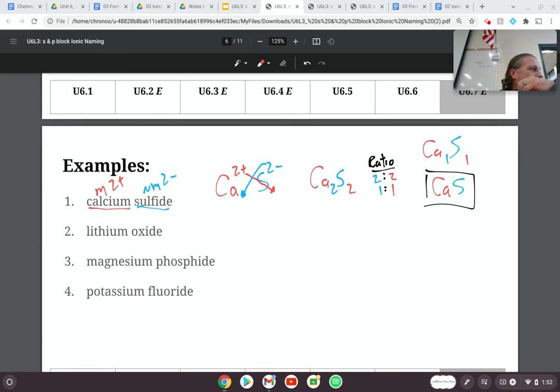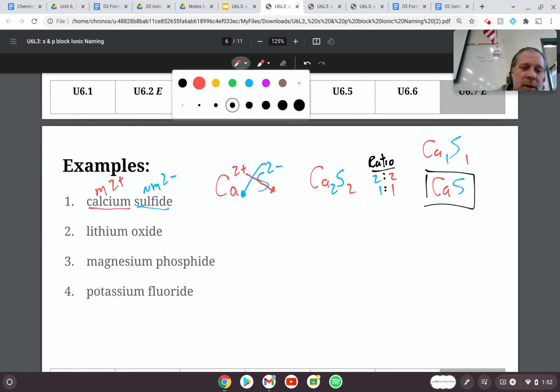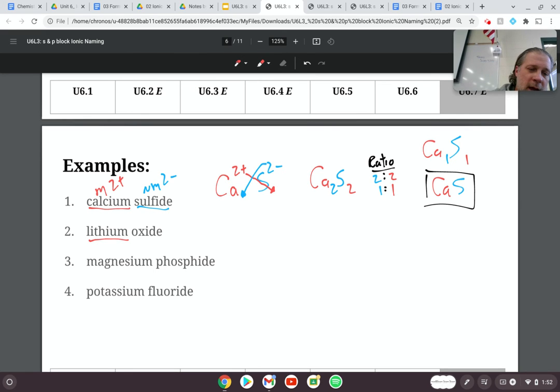All right, let's do another. So here I have lithium and oxide. So I know that lithium is a metal, and I know its charge is +1. I know oxide is a nonmetal, and its charge is -2.